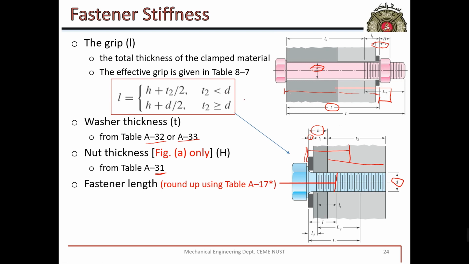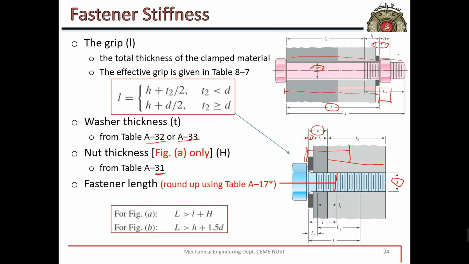Also, the fastener length. If you have all these values, you can calculate the fastener length. For figure A, this is equal to L plus H. This L is the grip from this point to this point. H is the thickness of the nut, and plus we have two threads out of the nut.